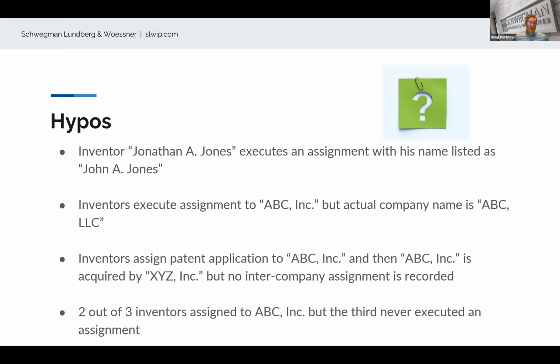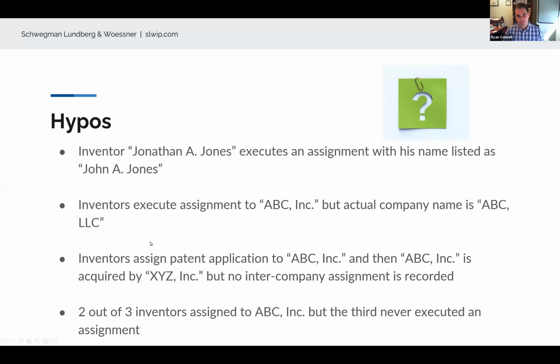So to me, I always try to go with the full legal name so that there is absolutely no doubt that Jonathan A. Jones is John A. Jones. So if the assignment was executed with the abbreviated name, I would either file a corrective assignment, or I would just have him initial and date and put his full name on the assignment form.